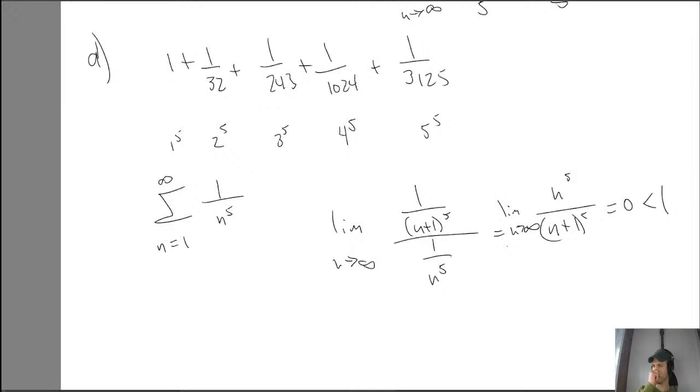No. Okay, this is equal to 1. Which is not what we want.